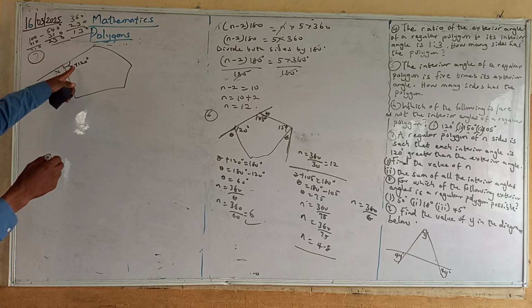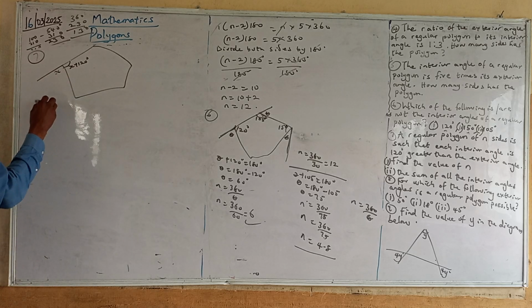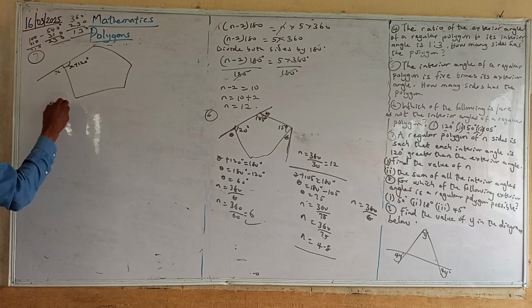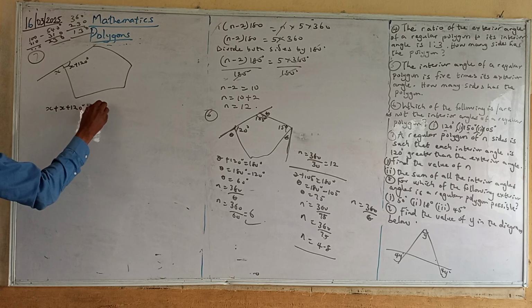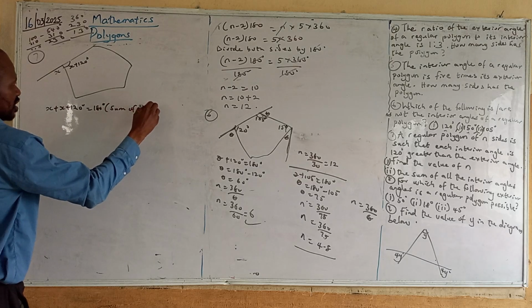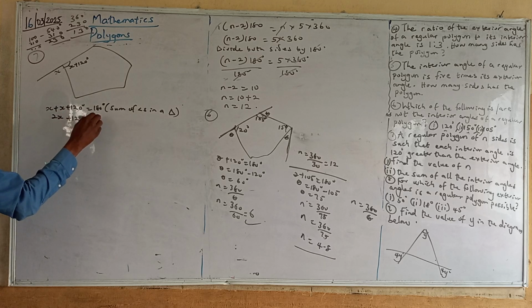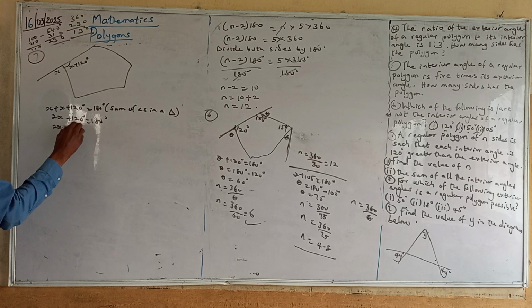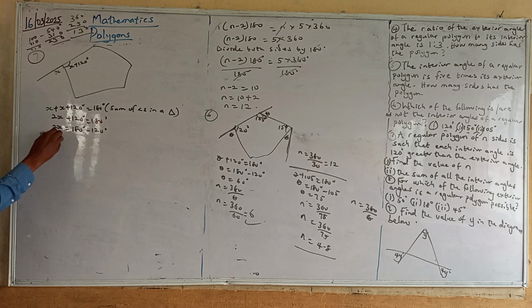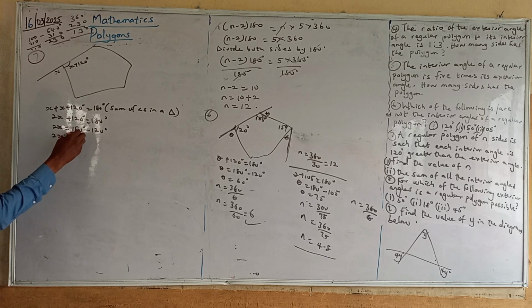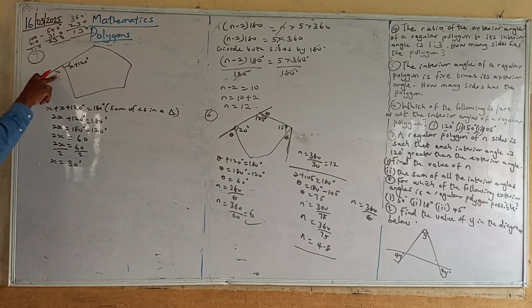So I can say s plus 120 degrees equals 180, since they lie on a straight line. So 2s plus 120 degrees equals 180 degrees. 2s will now be 180 degrees minus 120 degrees, which is 60. Divide both sides by 2, s equals 30 degrees. So the exterior angle here is 30 degrees.